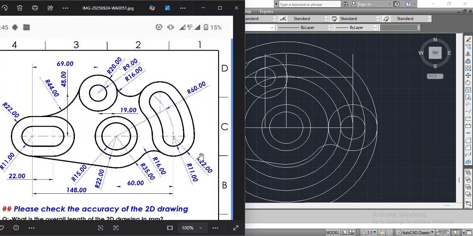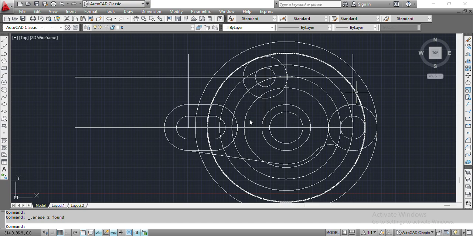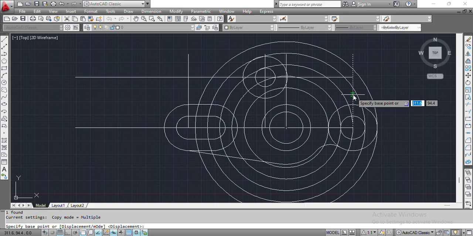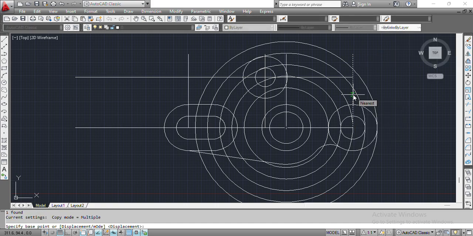So to get the center of this circle, we are going to measure and copy the center line, this center line here, to a distance of 11, so that we have the center of this other circle on the line 60. So we copy this to a distance from the base, to a distance 11.0.